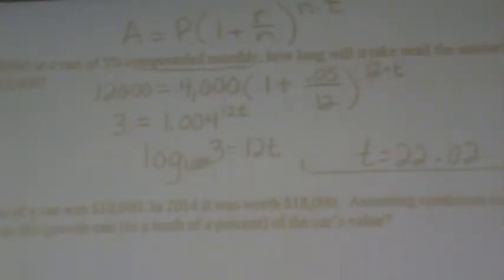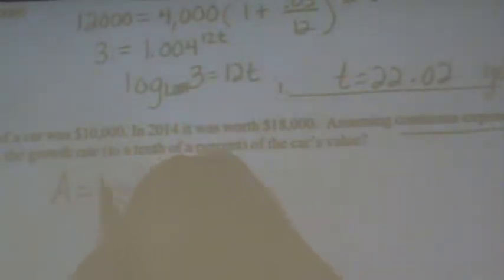Okay, next one. You have a car. And in this, most of the time cars depreciate, but if it's an antique, then it goes up in value. So, because it says continuous exponential growth, you use this formula, Pert.